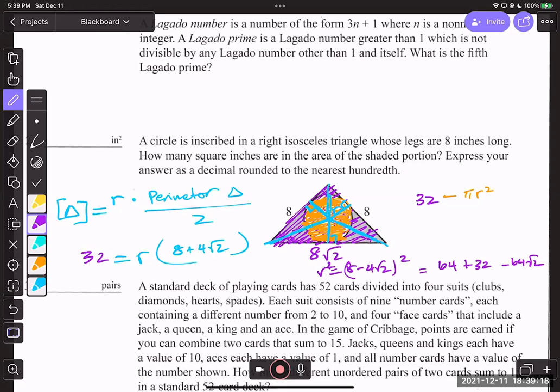So your final answer here is 32 minus 96 minus 64 root 2 pi. And then this should get you approximately 14.75. Right. Any questions here?